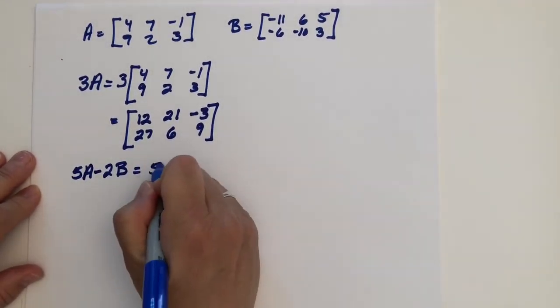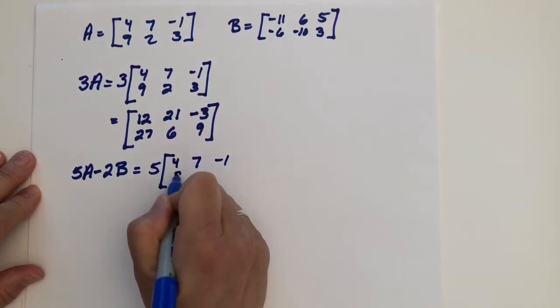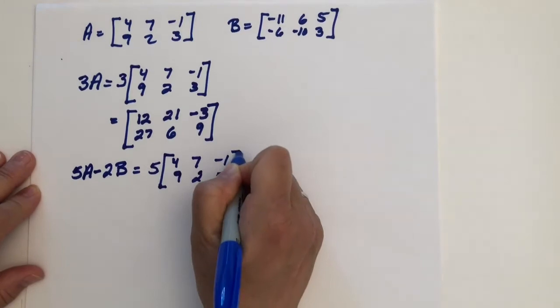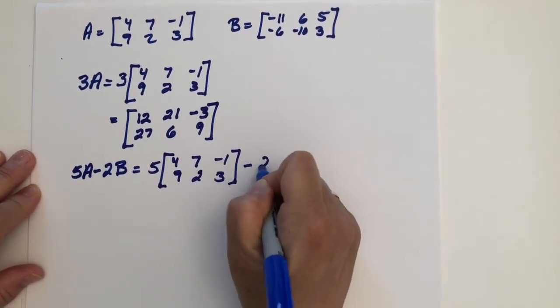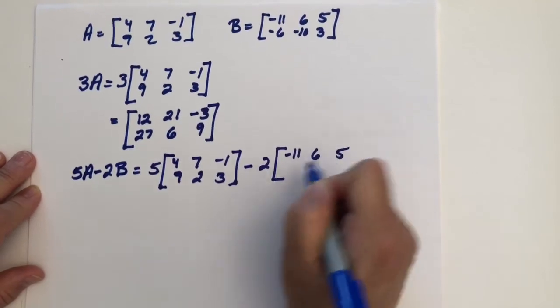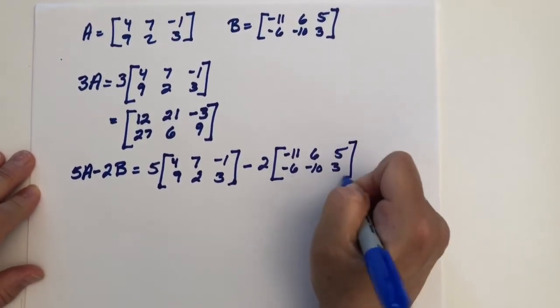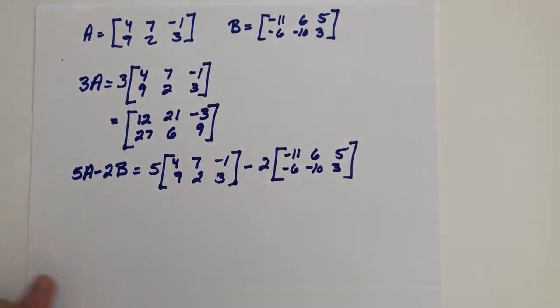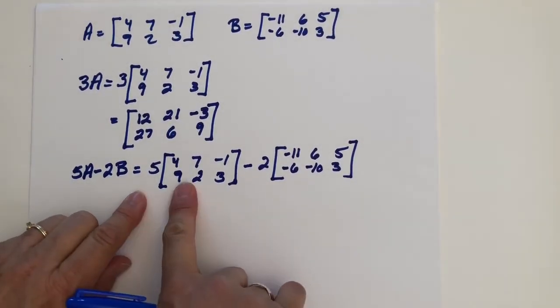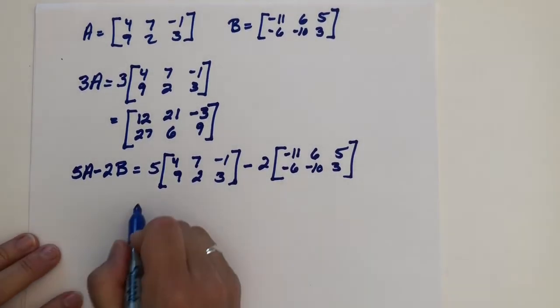So here we go. We have 5 times 4, 7, negative 1, 9, 2, 3, minus 2 times negative 11, 6, 5, negative 6, negative 10, 3. So we have a scalar multiplication here, and then we'll do our subtraction.